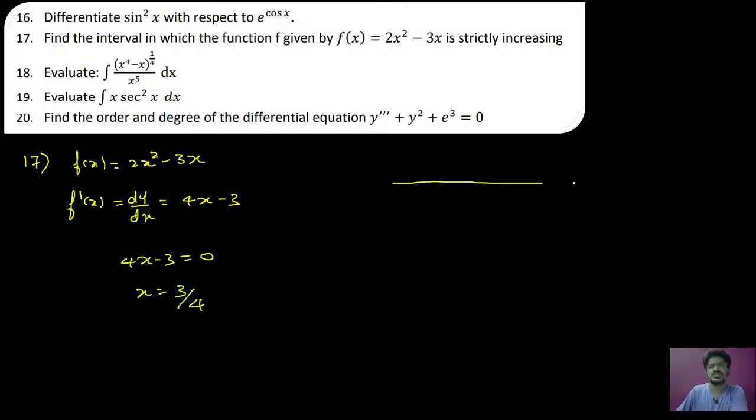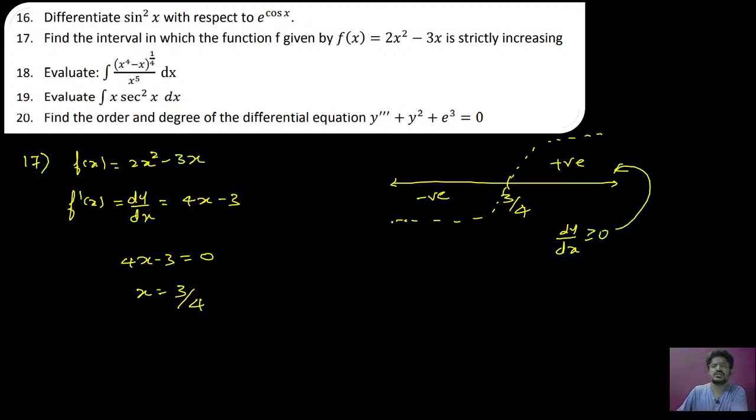So draw this by wavy curve method. This is 3 by 4. Draw the curve using wavy curve method. Here it is positive, here it is negative. So therefore dy by dx is greater than or equal to 0 in this, and dy by dx is lesser than or equal to 0 in this.